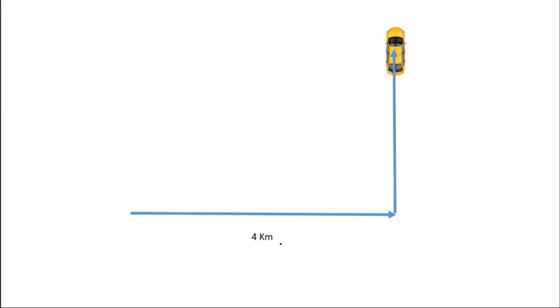Let's say it covers 4 kilometer in this direction and then turns and covers 3 kilometer, and suppose it takes some time to come from the initial position A to the final position. Suppose let us take the time as 0.2 hours. Please note. How will you calculate the speed?